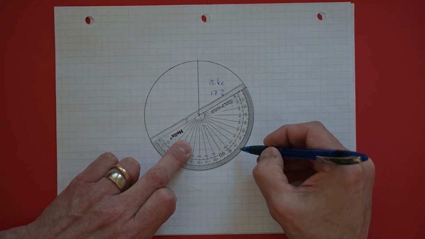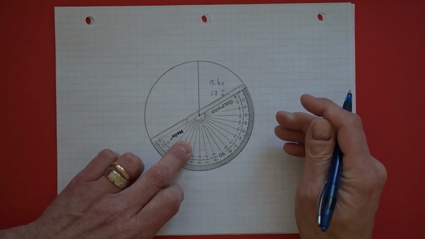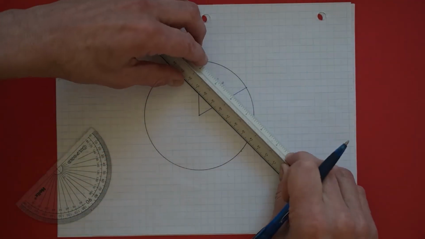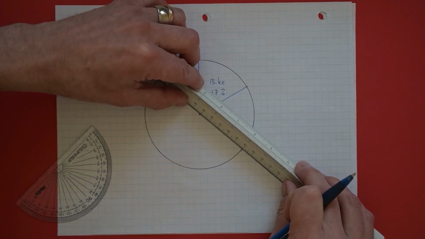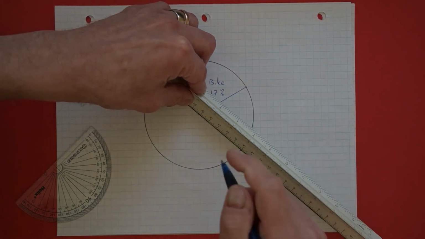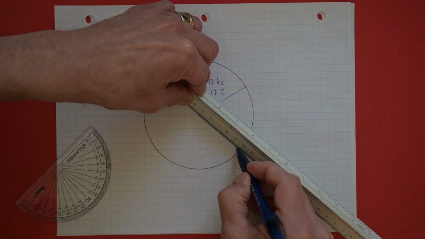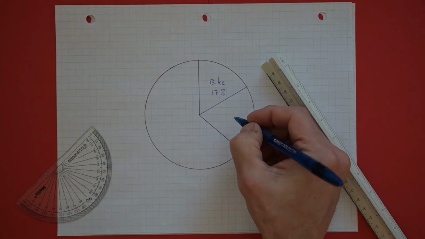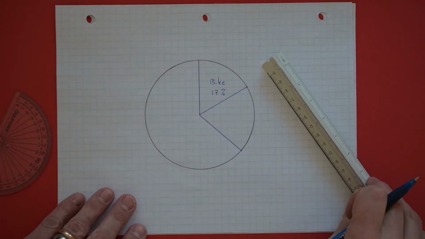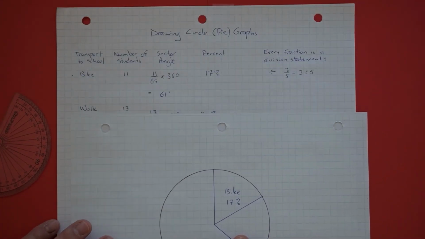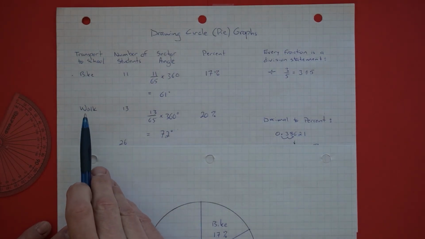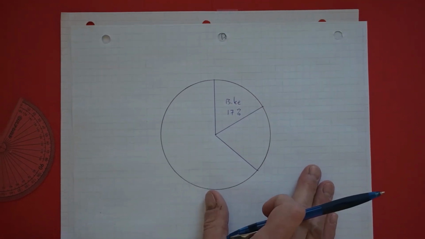So up this way, just past 70, there's the 72. I connected those up, and I have my new sector. So that now, let's look back at our data again to see what we were representing. So that is the people who walk, and it's 20% of the total.